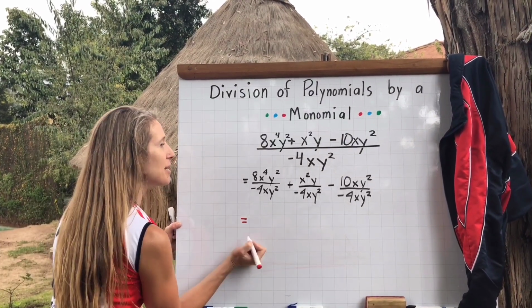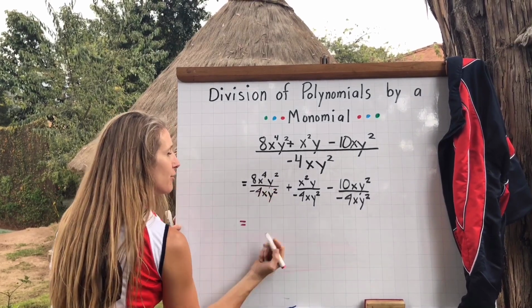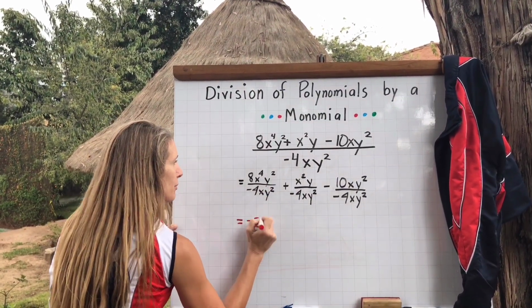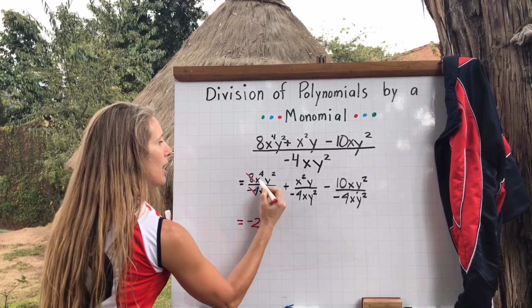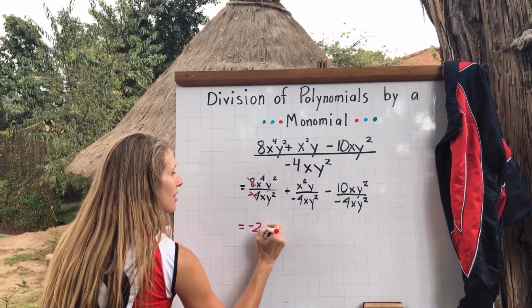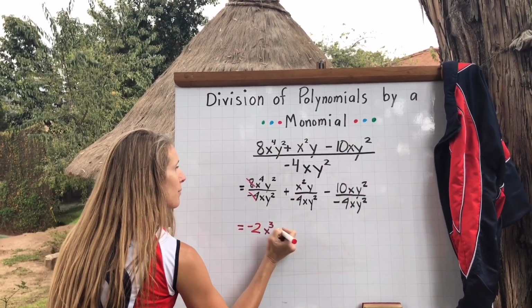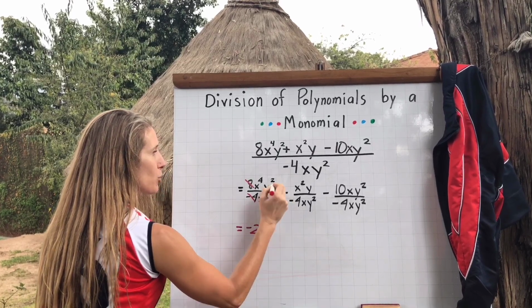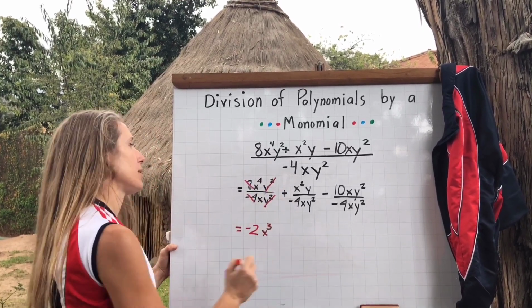We simplify this to 8 divided by negative 4, that's negative 2. X to the 4th divided by x, that would be x cubed. Y squared divided by y squared, that would simplify just to 1.